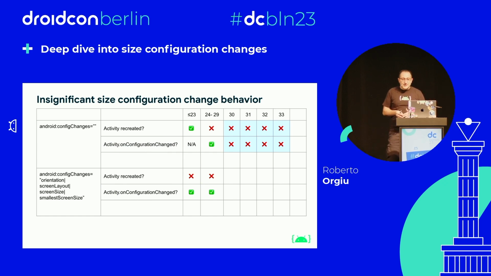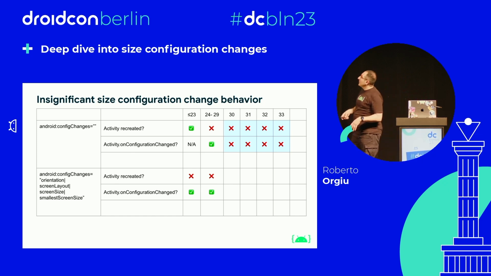But the bad news is that on API 30 through API 33, the activity method onConfigurationChanged won't be called in case a configuration change was only a significant size change and you're not opting out of activity recreation.